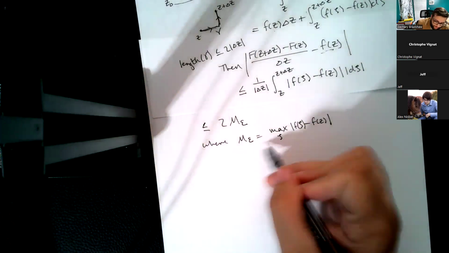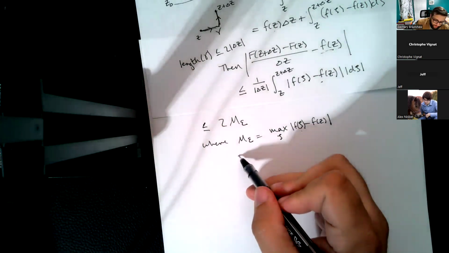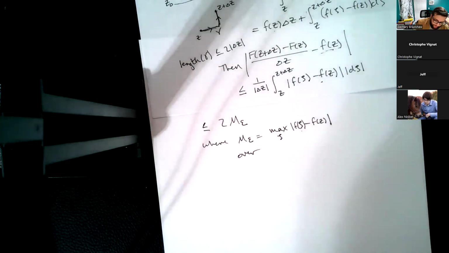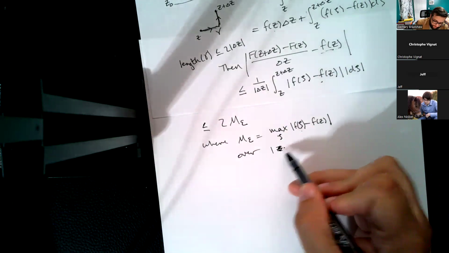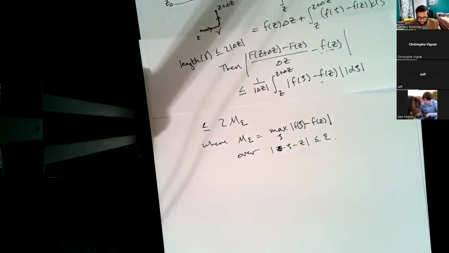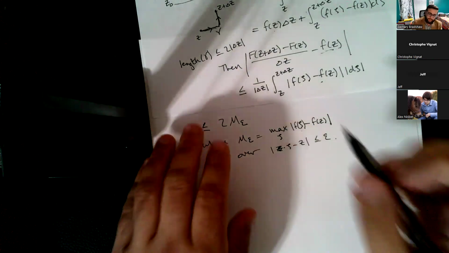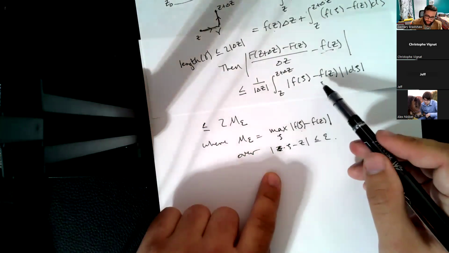Okay. So this is the maximum of this over the disk of radius epsilon.